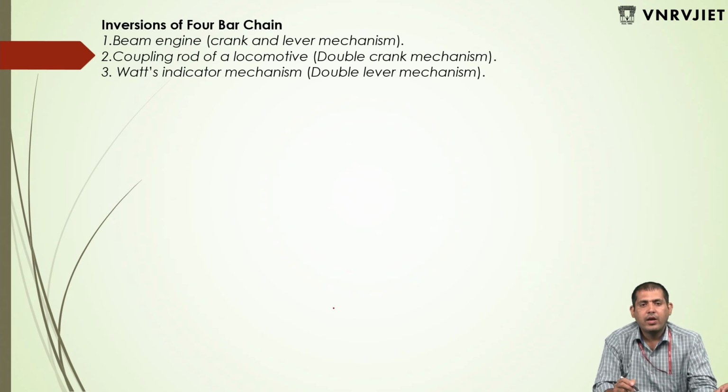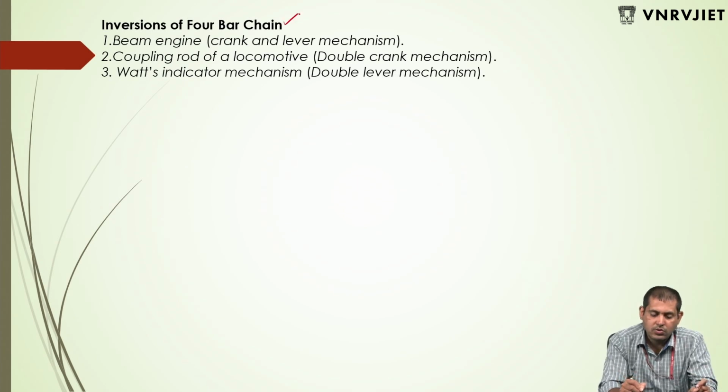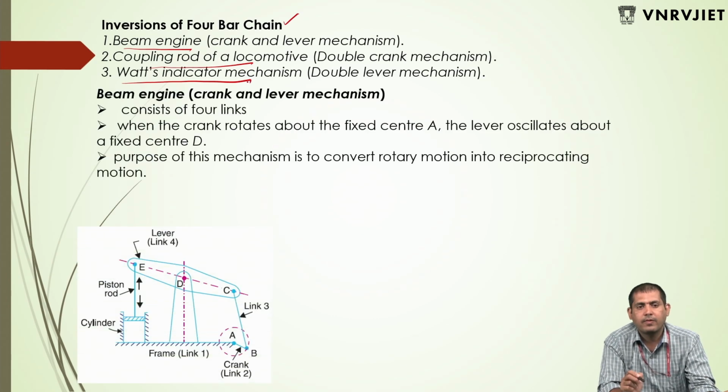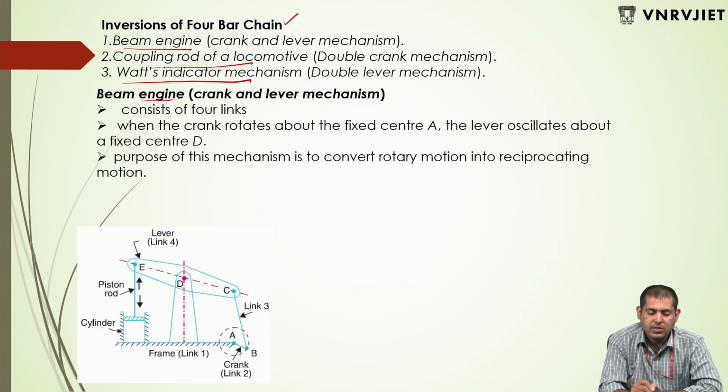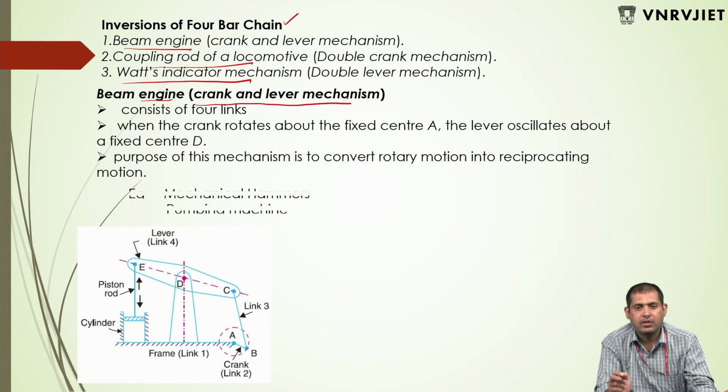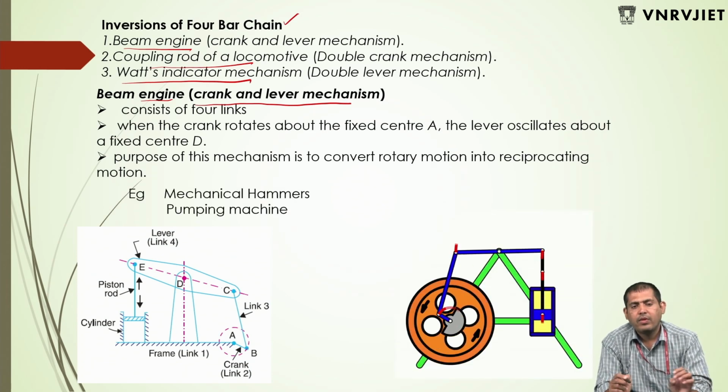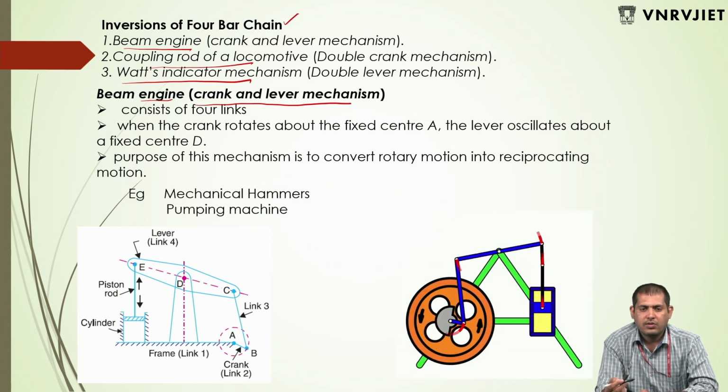Next, inversions of the 4-bar chain. The inversions are of 3 types: beam engine, coupling rod of locomotive, and Watt's indicator mechanism. First, the beam engine is called a crank and lever mechanism. Here more than one link is fixed.